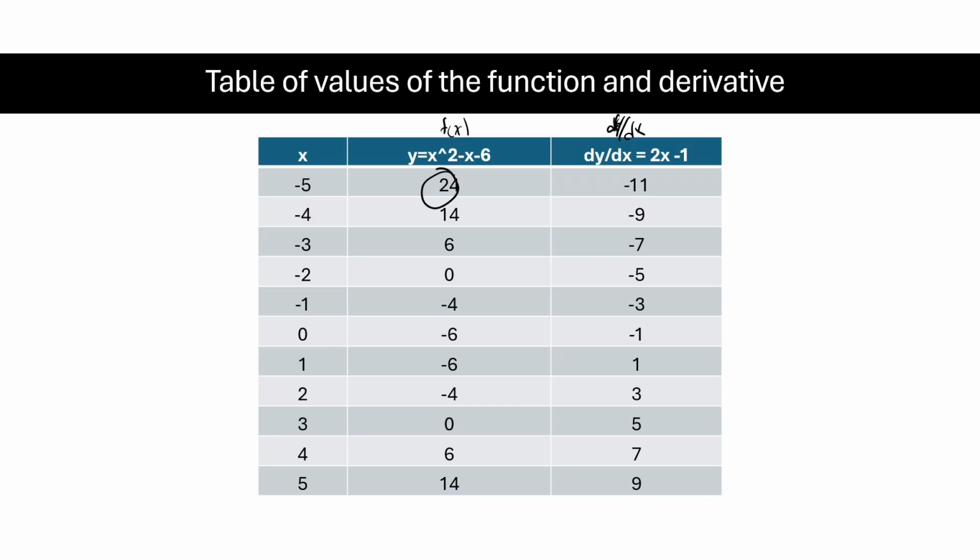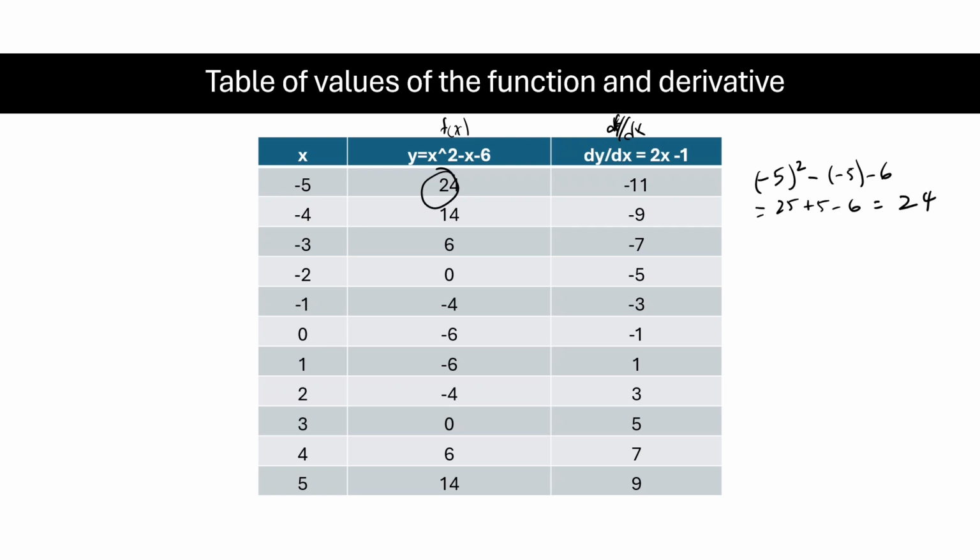Let's just calculate one of those to make sure we've got these right. First of all, there's the 24. Let's do that one. Putting it in the original, that's minus 5 quantity squared, minus a minus 5, and then minus 6. So that is 25 plus 5 minus 6, which is equal to 24. So that's the correct value.